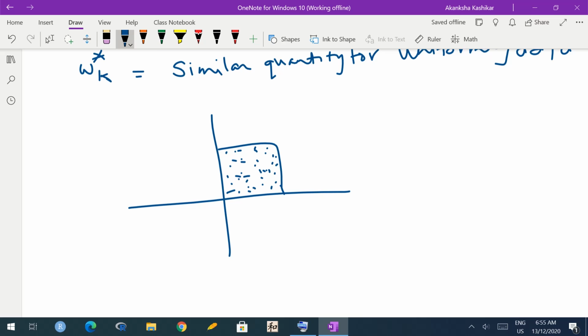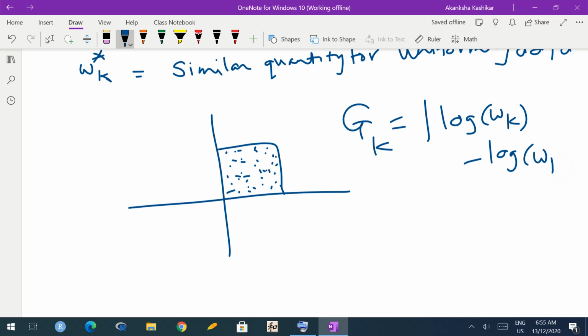Hence the gap statistic is defined as, first you define G k for k clusters. G k is defined as the mod of log of omega k minus log of omega k star. We compute this for every k: 2 clusters, 3 clusters, 4 clusters and so on.